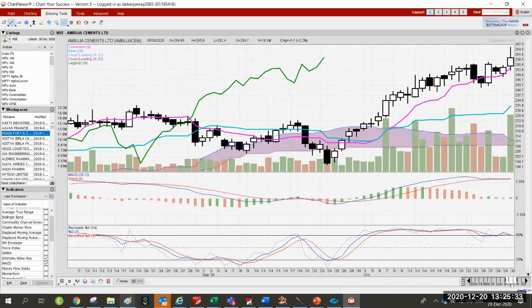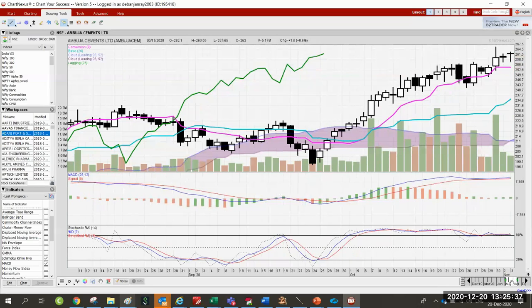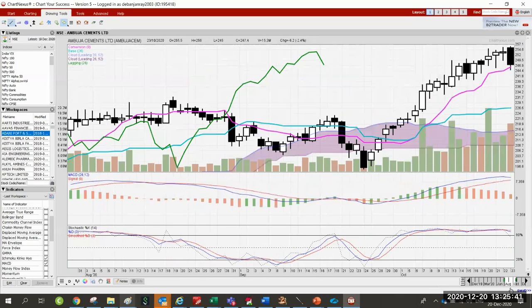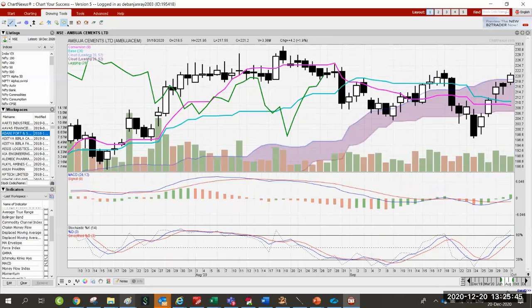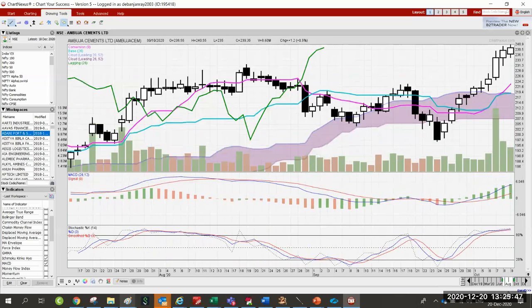the Chiku span, this green line, it is moving as I'm moving the windows, correct? So we can see, this is the day. For example, if I move here, I don't know what is the future one, but Chiku has crossed this one.